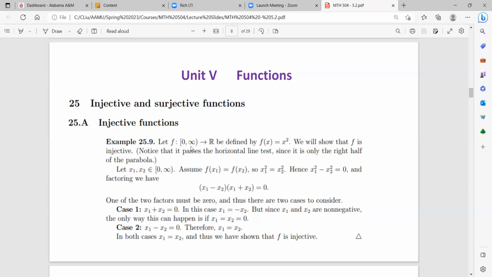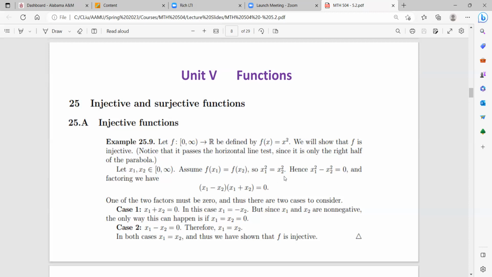But you can easily prove this is one-to-one. Again, just assume x1, x2, pick any two arbitrary numbers x1, x2 in the domain, and assume f(x1) equal to f(x2). So that means x1 squared equal to x2 squared.